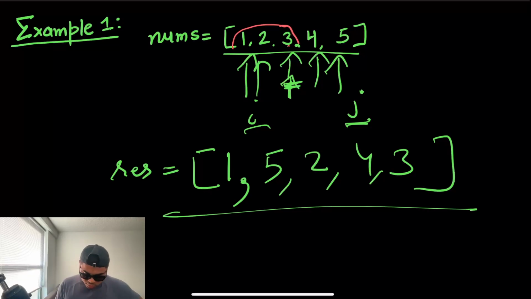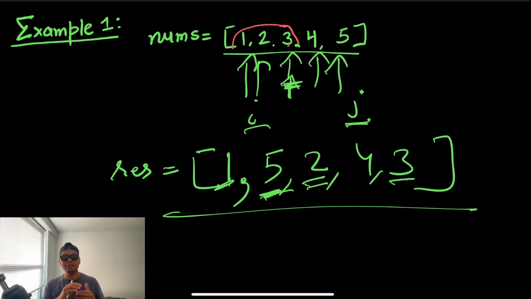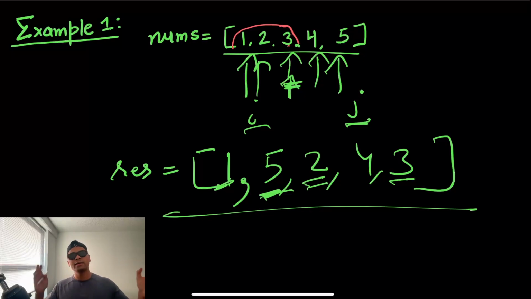Why? Because if you see, this 5 has neighbors both smaller than this value, and this 2 has neighbors both greater than this. This 4 has neighbors both smaller. So this is a pattern that's alternating the smaller and greater values.